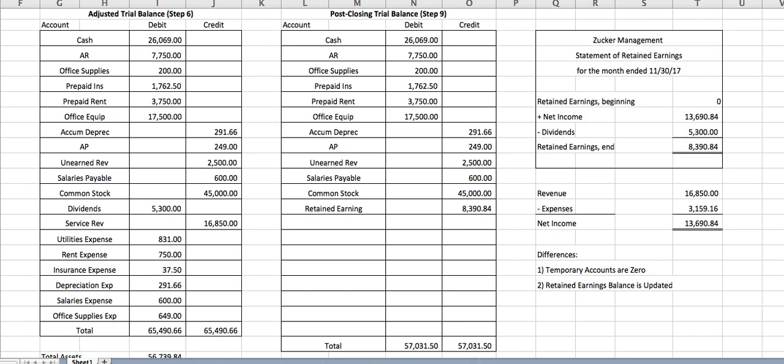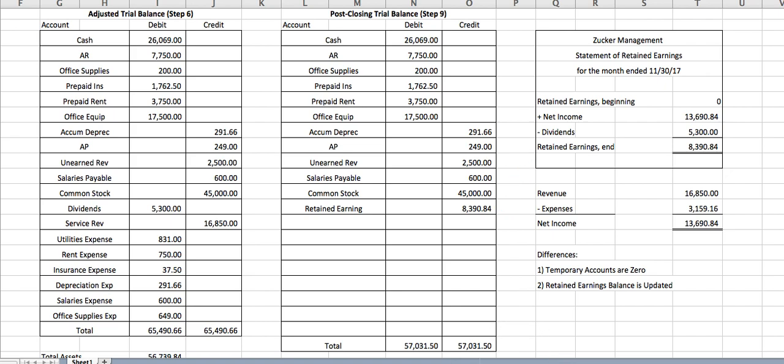So what was left, the earnings that remained in the business or were retained in the business, was this $8,390.84. And that is what you will see here as retained earnings. Okay? Our retained earnings at the end of the period, and the end of the period is November 30th, 2017, now becomes our beginning retained earnings to start out the month of December.